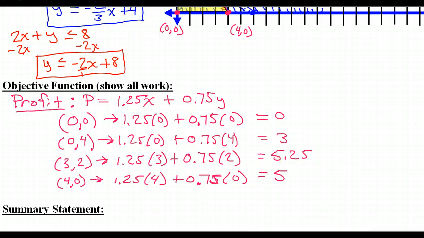Okay, so hopefully you can see very easily that this is our maximum, and it came from this point right here, and of course that's our minimum up there, which came from that one. So let's go ahead and write that down.